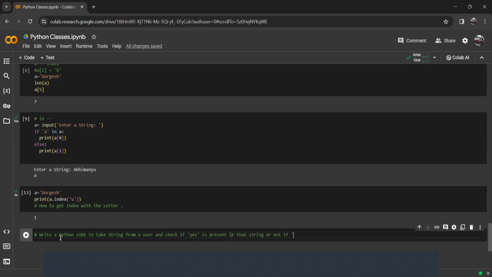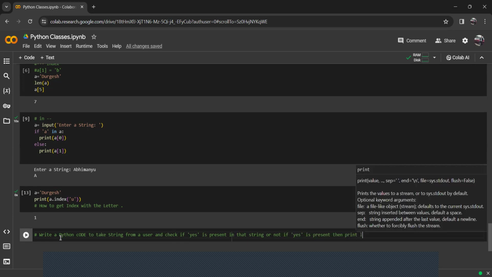If yes is present, then print the last letter of the string, else print thanks.